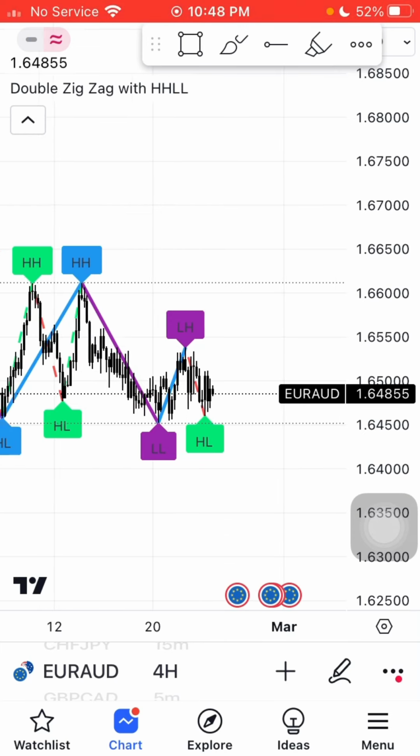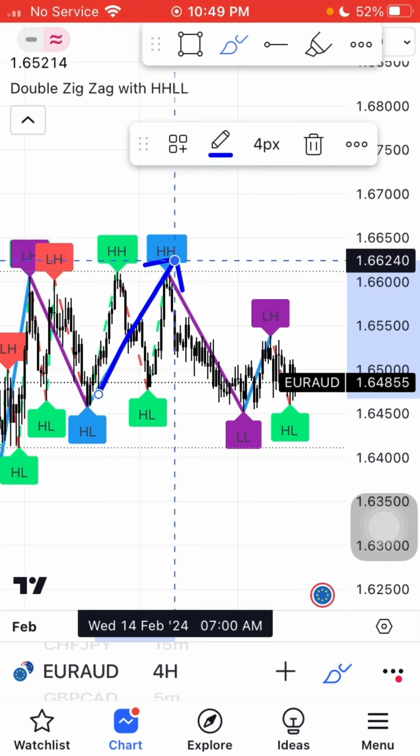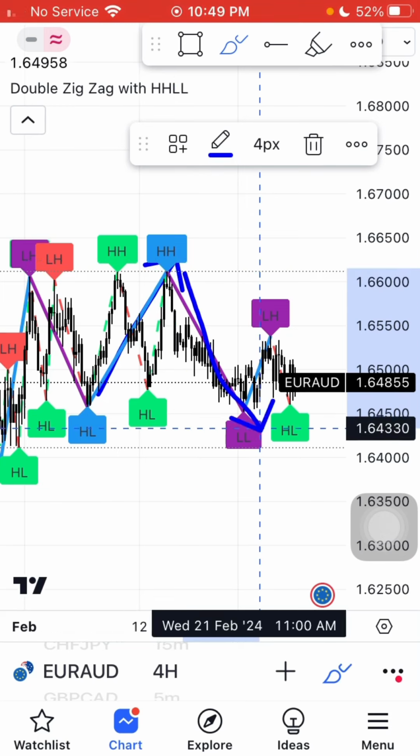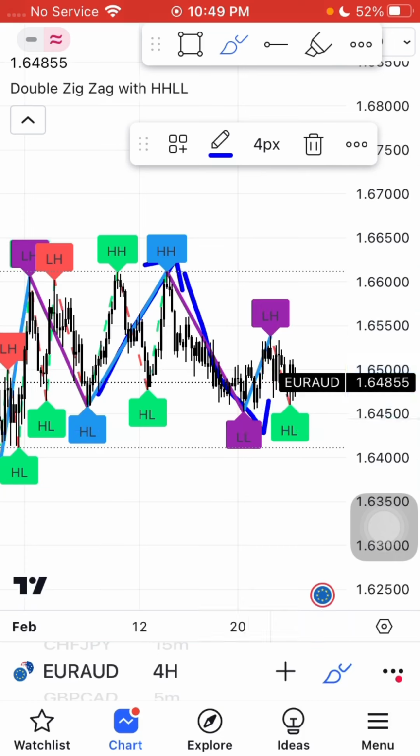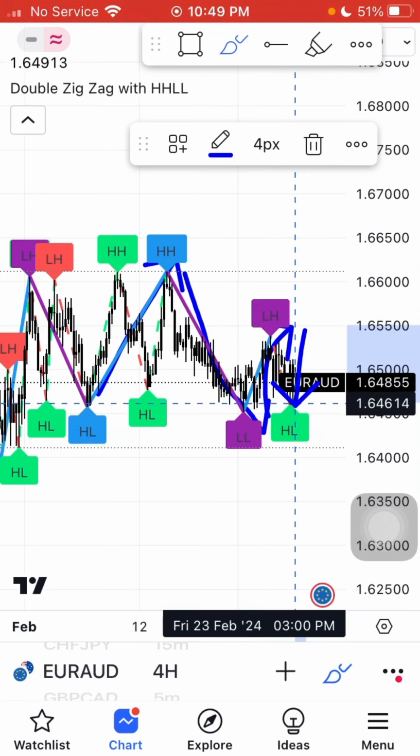You can see here what the market is doing. The market gave us a higher high and then a lower low, lower high, and then nothing to actually back it up.